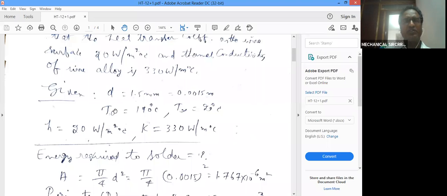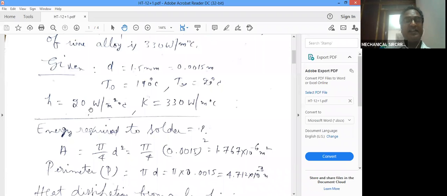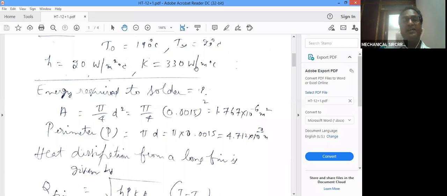So at the center, the base temperature T0 is 190 degrees centigrade, T free stream 20 degrees centigrade, convective heat transfer coefficient h given as 20 watts per meter square degrees centigrade, thermal conductivity 330 watts per meter Kelvin or degree centigrade.